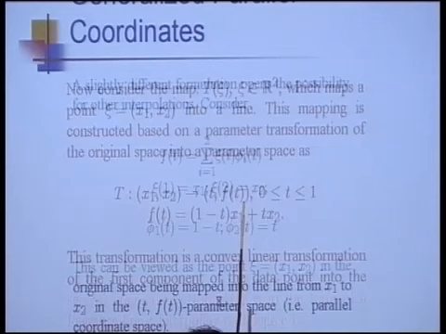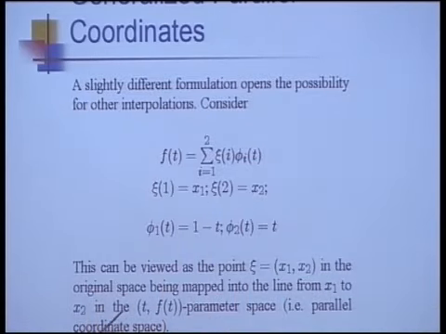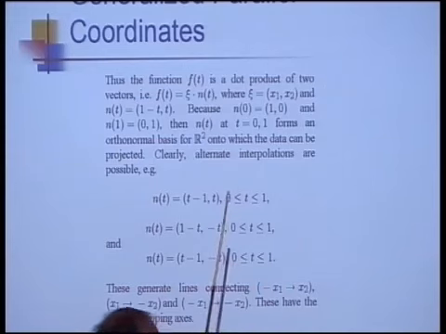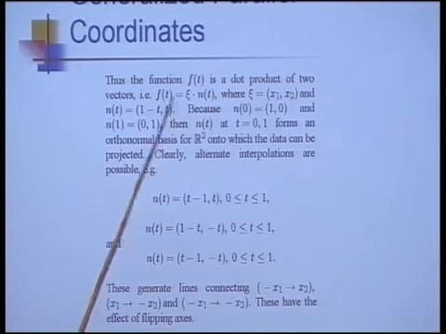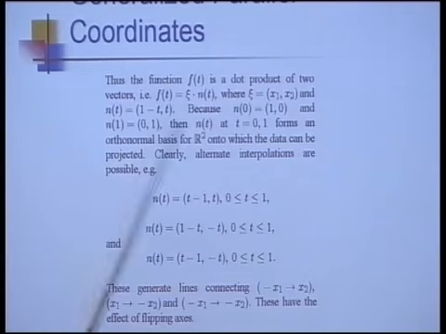And so that's the basic framework. We can think of this as basically an inner product where f of t is going to be an inner product of the point z with the mapping t f of t. We can formulate that actually as a form where f of t is z dotted with n of t, where z is the point in Cartesian space and n of t is this linear transformation vector.